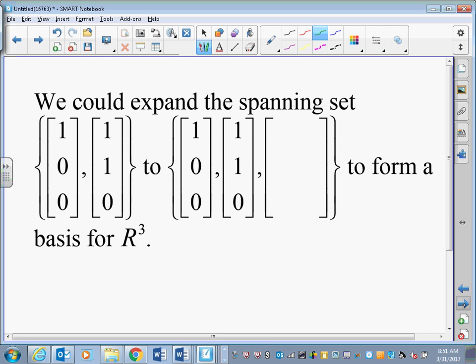But I can add on another vector to form a basis for R3. This is a basis for R2, and then what would be a vector that you could add right there? There you go, 0, 0, 1. And you can make up a lot of different things, as long as it's not a multiple of that.